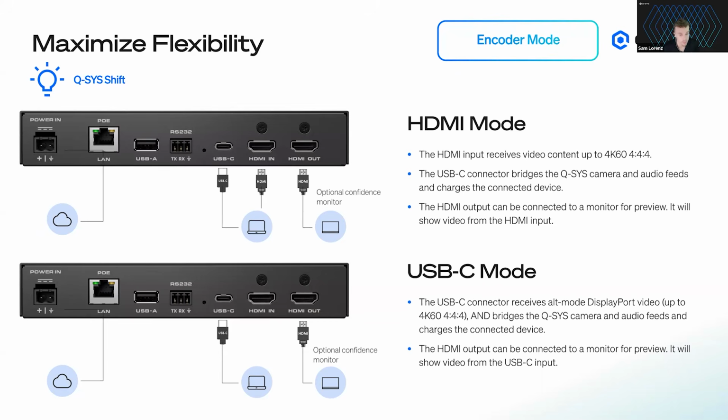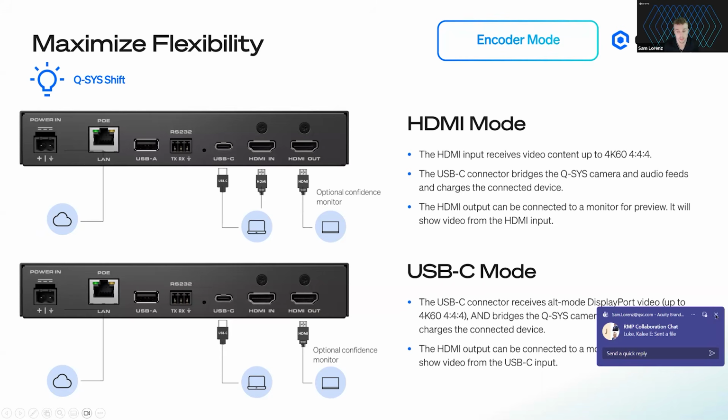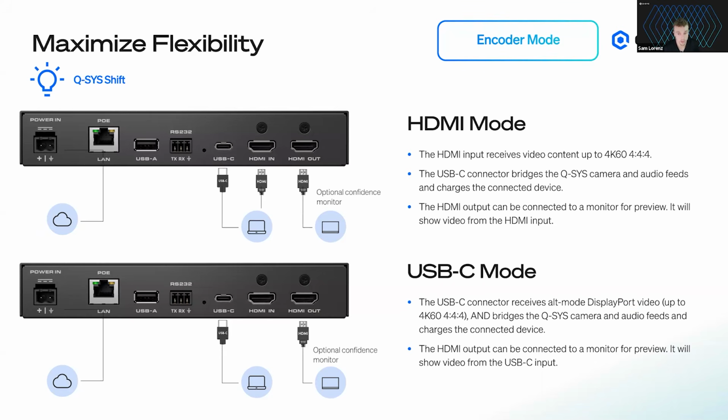So just a good rule of thumb across all of our NV series devices: if you are encoding one stream, you have the ability to send 4K 60 content to your displays. If you are encoding more than one stream, whether that's two or three, depending on what you have available, it can only be in 1080p.